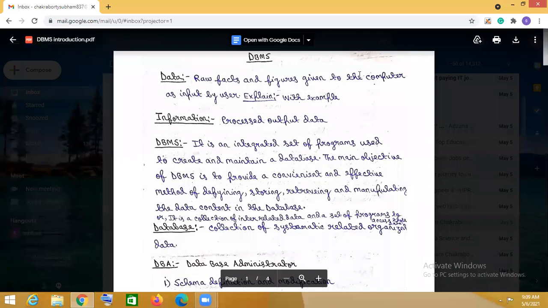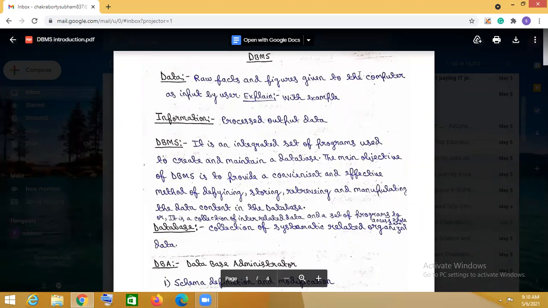Now, first, we will know what is DBMS and what are data and information. So first, we can say data is the raw facts and figures given to the computer as an input by the user. If we explain it through an example, it will be clear to you.